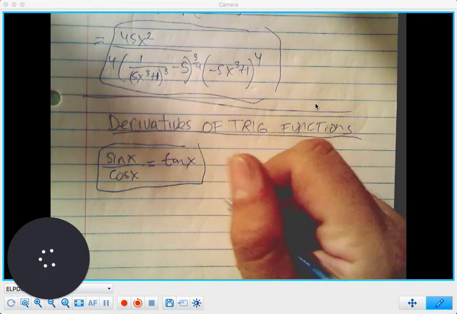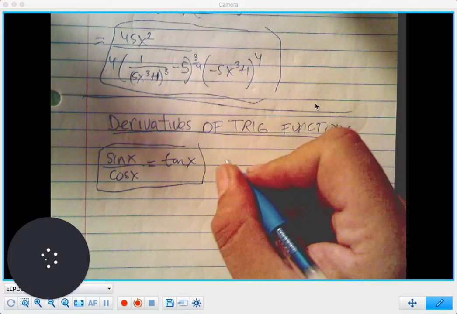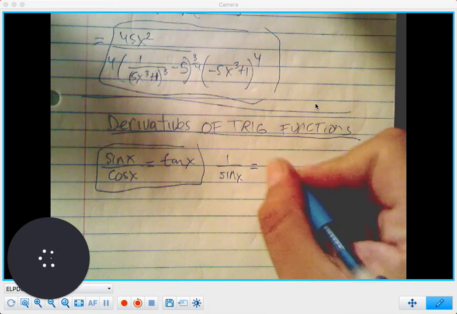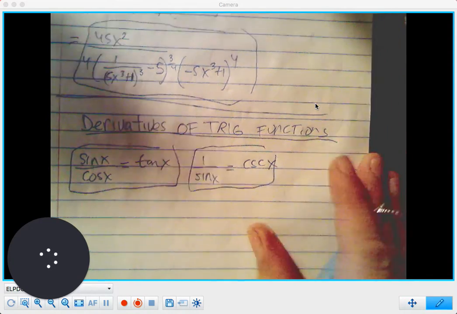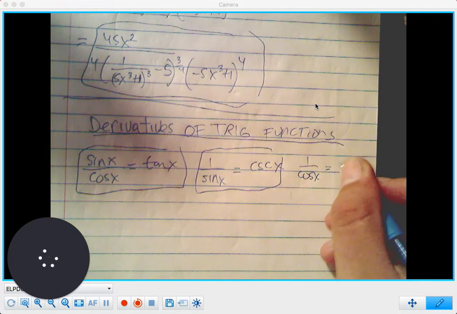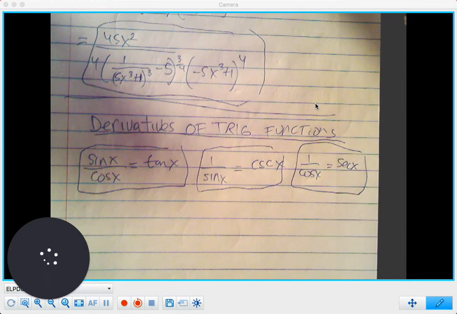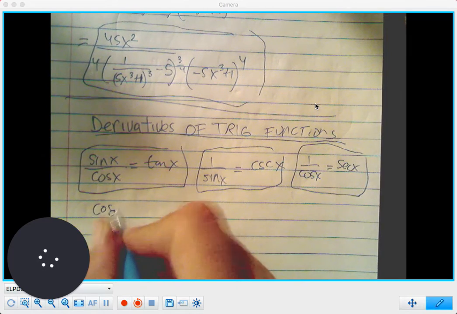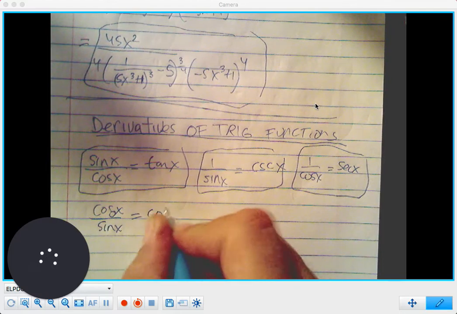The same goes with if you have 1 over sine x, that is the same thing as cosecant x. If you have 1 over cosine x, that is the same thing as secant x. And then this one, if you flip it, cosine x over sine x, that's equal to cotangent x.